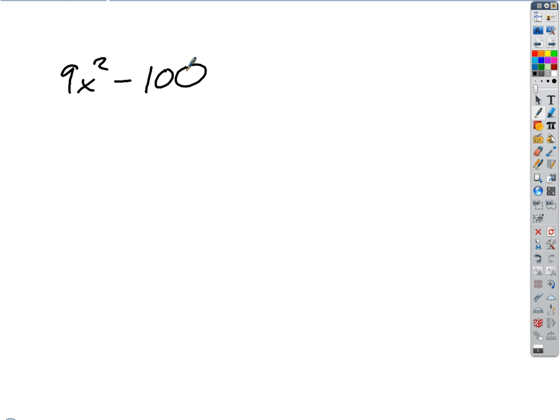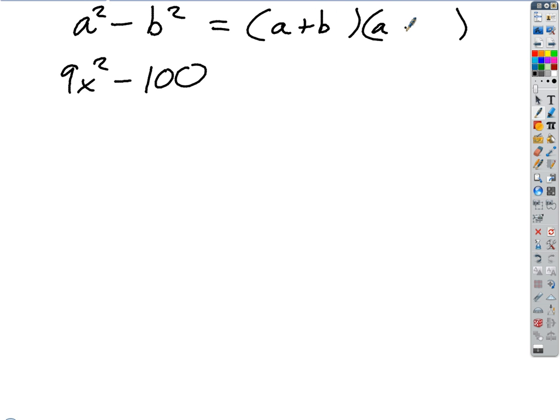It's the difference of squares, isn't it? Because I've got an x squared in it. Everybody see this one does not fit a difference of cubes because the x isn't being cubed, right? So the only possibility is this one. And what's that equal again? A plus b. Wait, which one is the trip one? Is that a squared plus b squared? That's the one that doesn't work.